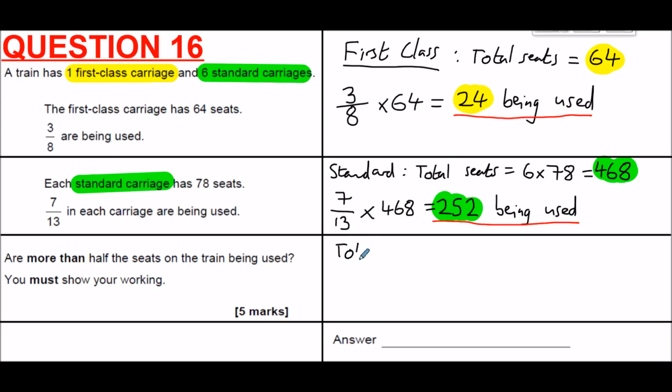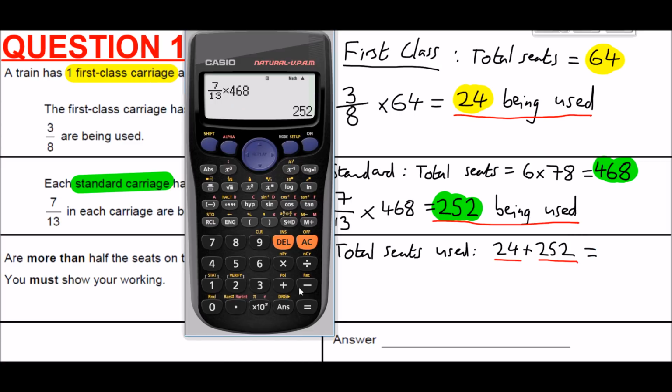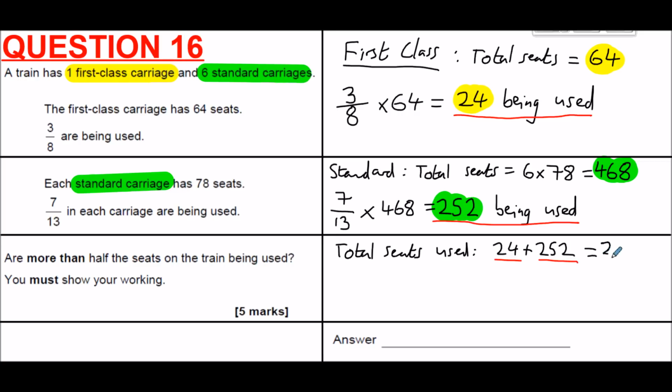So total seats being used is 24 plus 252, what I've highlighted here and underlined in red. So 24 plus 252, you should get a total of 276.